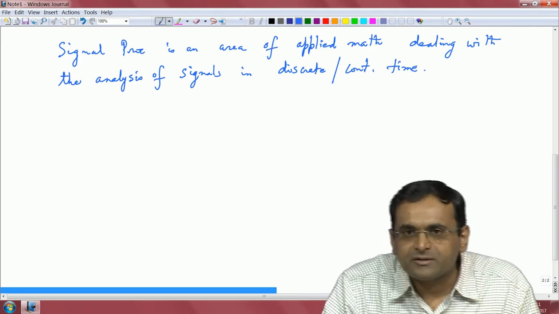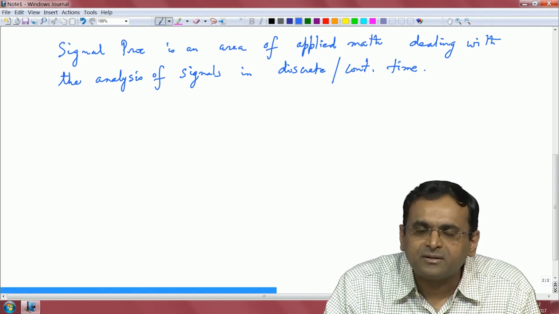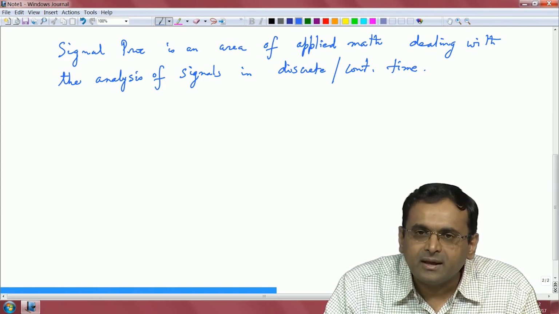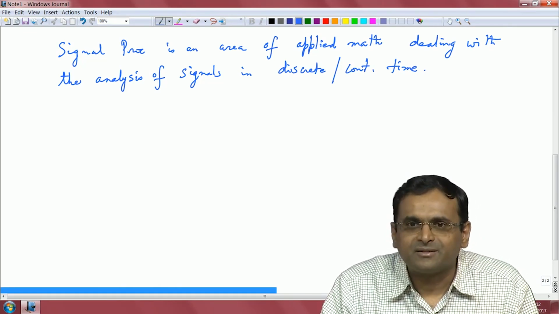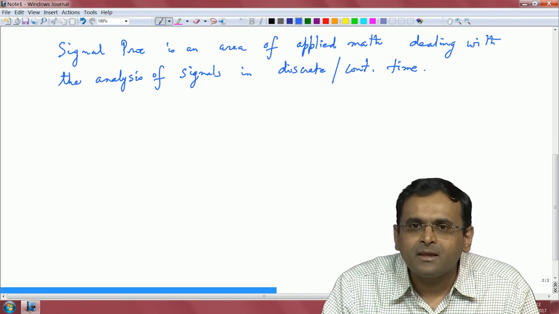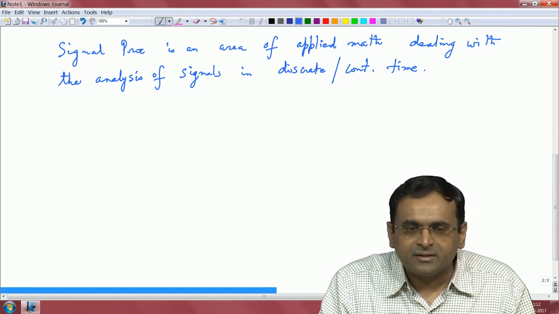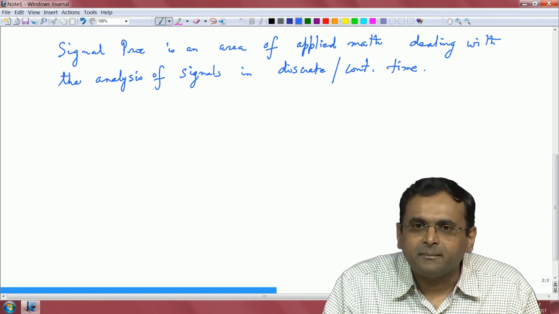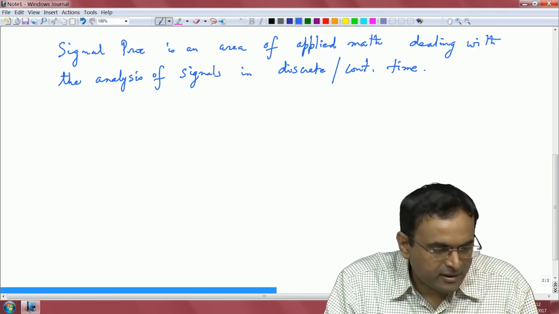So, we can have analog signal processing, we can also have digital signal processing. And if you look at the foundations of signal processing, it basically comes from control systems, control theory, continuous or discrete time control systems. And if you look at the foundations of control, it again comes from mathematics, right? It is basically systems theory or mathematical system science. So, therefore, signal processing is an area of applied math, and it has been very popularly adopted in the electrical engineering community, because it is useful for us for solving a variety of problems we encounter in engineering.